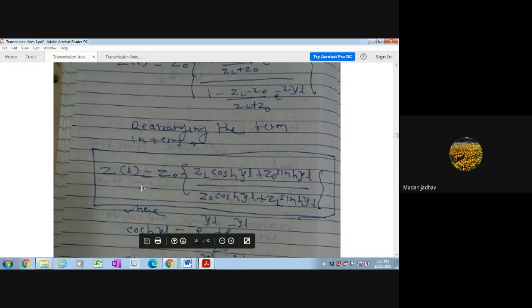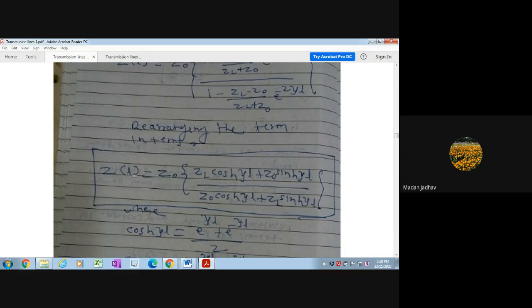This is the equation for the impedance transformation, which means that at any location you can find the impedance. Here the location is L, that is, a distance of L meters from the load, that is Z of L. At that particular location we are finding the impedance.